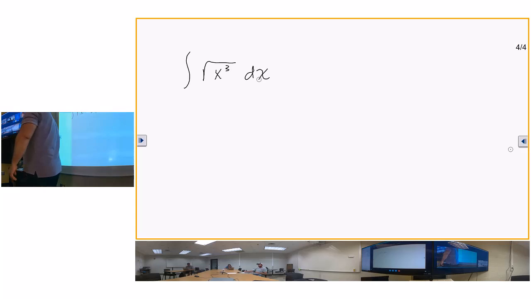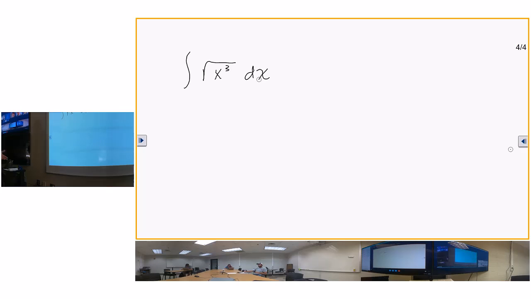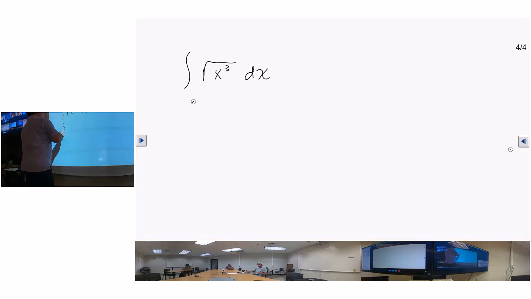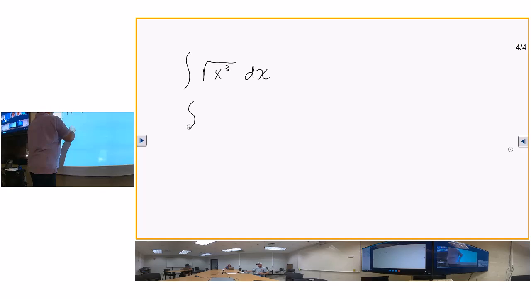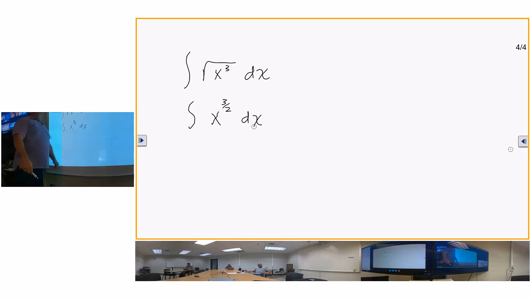The first thing you should even think about, what's the first thing you should say to yourself? I've got to rewrite it because I can't deal with radicals. So the antiderivative of x to the exponent over index dx. Now finish it. Oh God, it's a fraction.